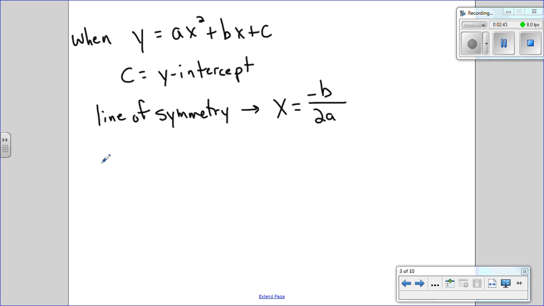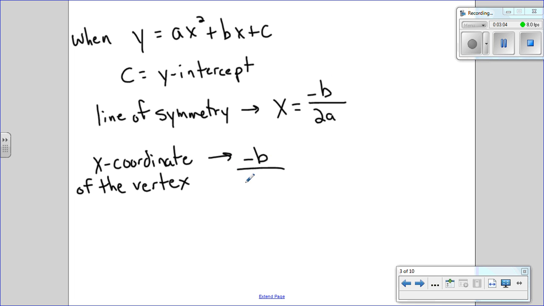And thirdly, the x coordinate of the vertex is this again, negative b divided by 2a. And with that x coordinate, you can find the y coordinate, and if you have an x and y coordinate, you therefore have the point, which is the vertex.